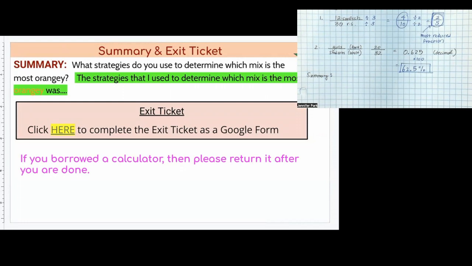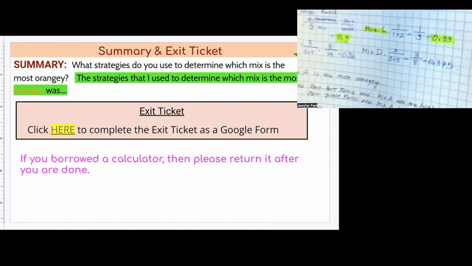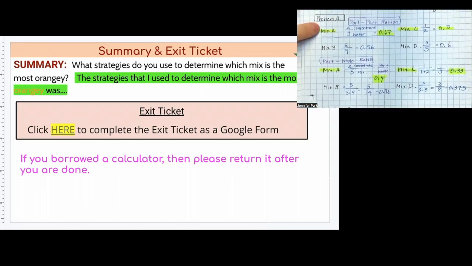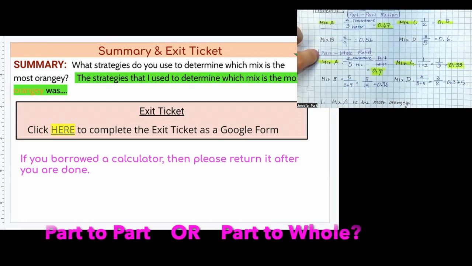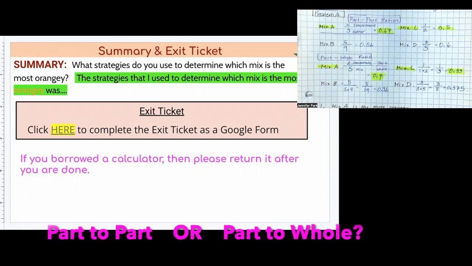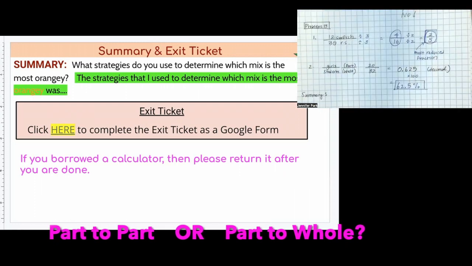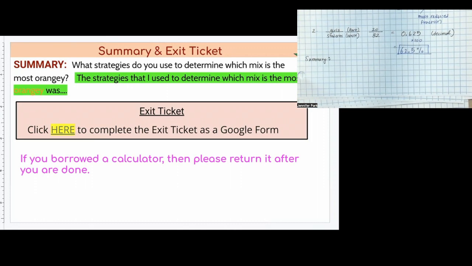But what are the strategies that you use to determine which mix is the most orangey? Did you use the first strategy, which was a part-to-part ratio, or did you use part-to-whole ratio? Because it doesn't matter which one you use. They give you the same answer, right? So write down in your response which strategy you use, and that is your summary for today.